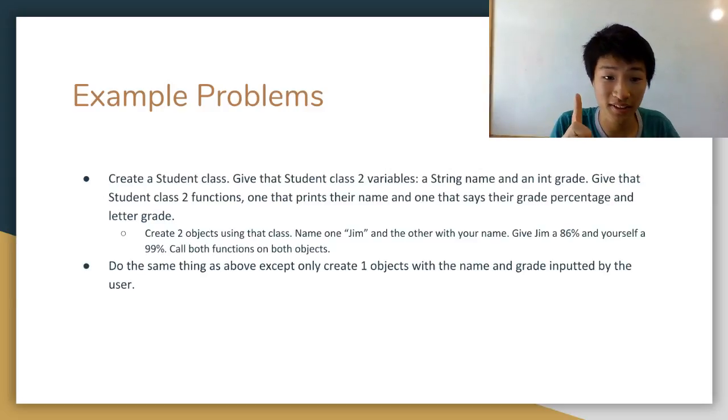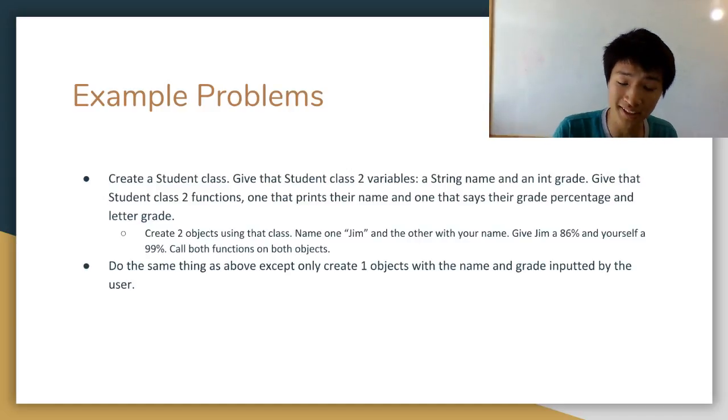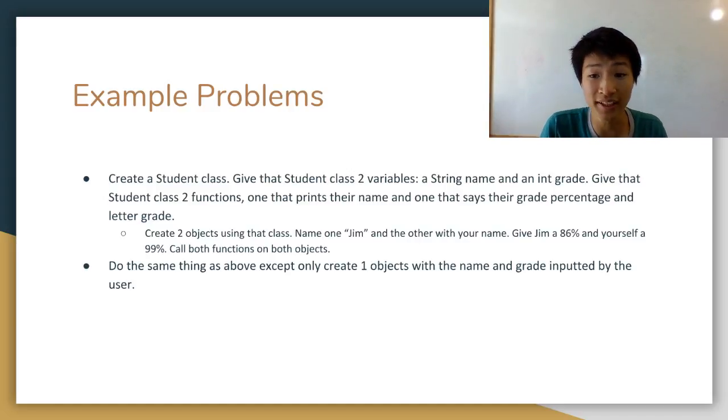I will read the example problems, then you can pause, and then I will do them myself. So we're going to create a student class. Inside that student class, we're going to have two variables, two properties: a string that is their name, and an integer that is their grade. Now give that student two functions.